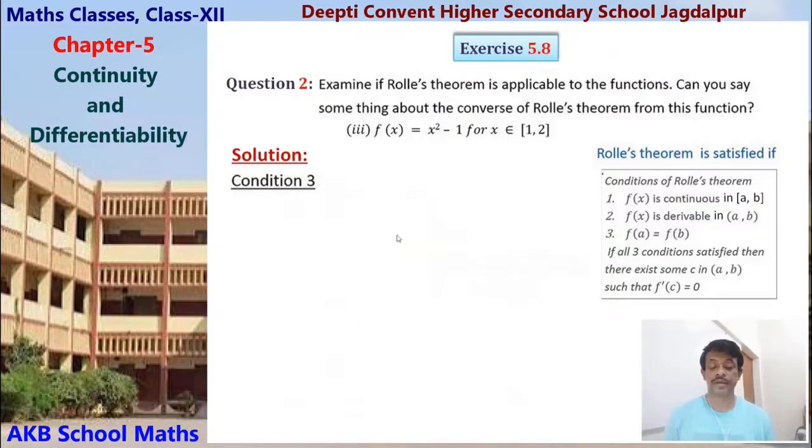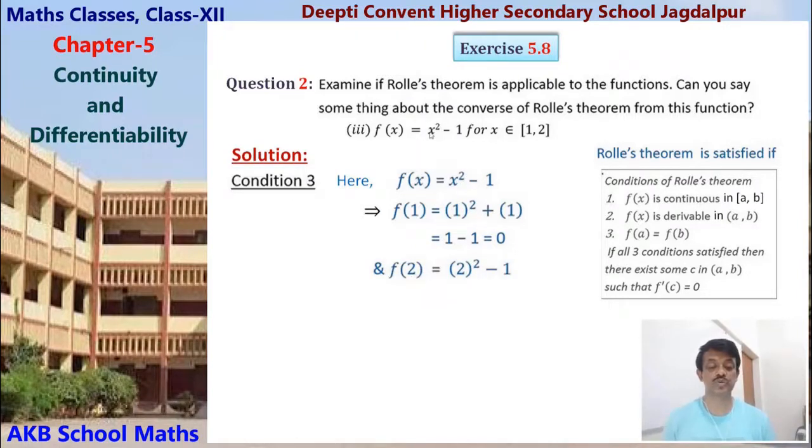Now the third condition: the values of f(1) and f(2) should be equal. Here f(1) equals 1 square minus 1, so 1 minus 1 equals 0, and f(2) equals 2 square minus 1, 4 minus 1 equals 3. Both values are not equal, since f(1) equals 0 and f(2) equals 3.